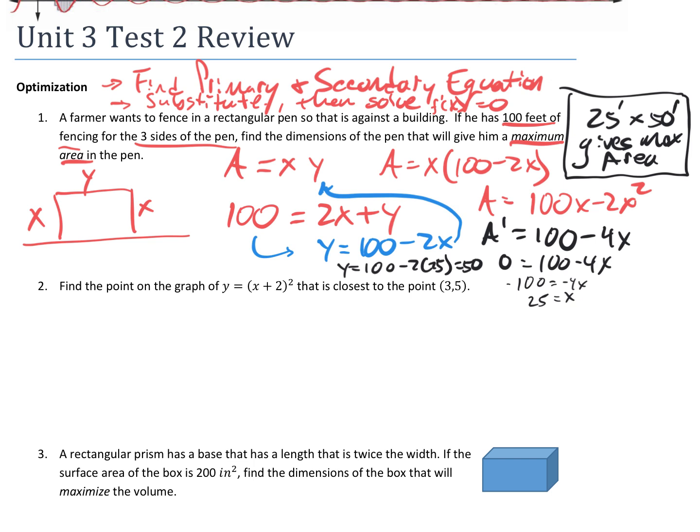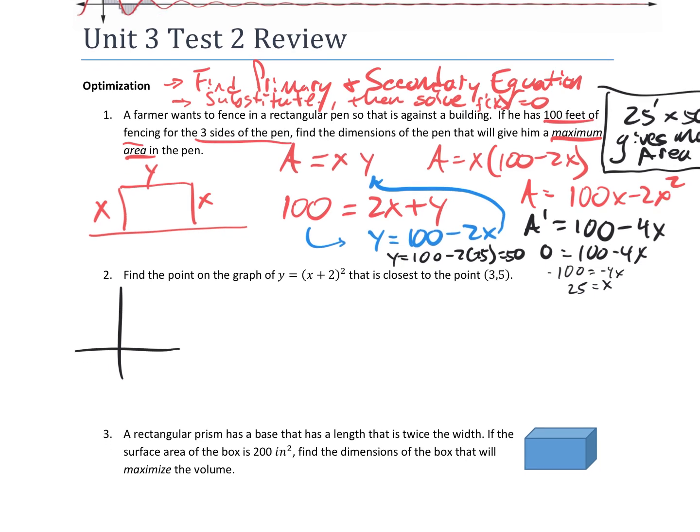How about this one? We want to find a point on the graph of this equation that is closest to (3, 5). So we've got this parabola going on here, and we've got a point, and we want to find the distance from it. We can sketch it. (x plus 2) squared, if you remember, moves left 2.